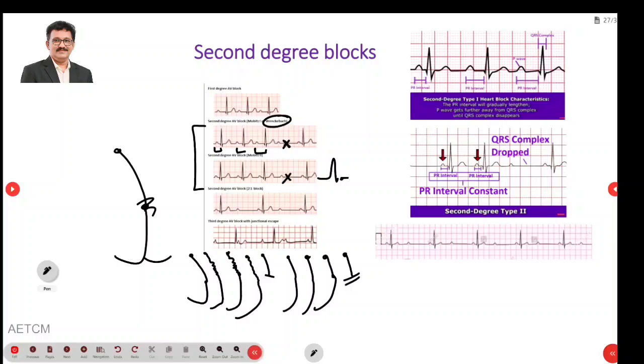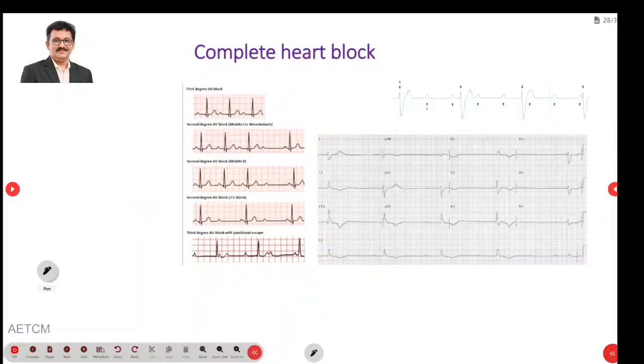Now we will see what third degree heart block is. This is called complete heart block. Here you are seeing P waves coming regularly, QRS complexes also coming regularly, but there is no association between P and QRS complex. There is complete dissociation.